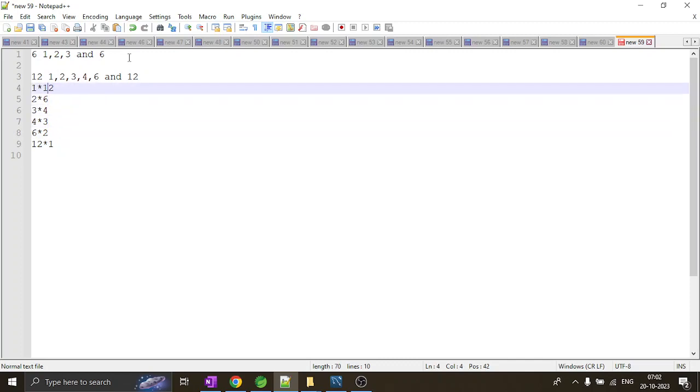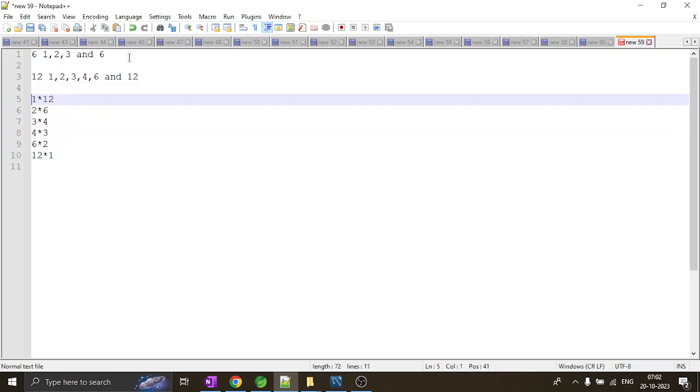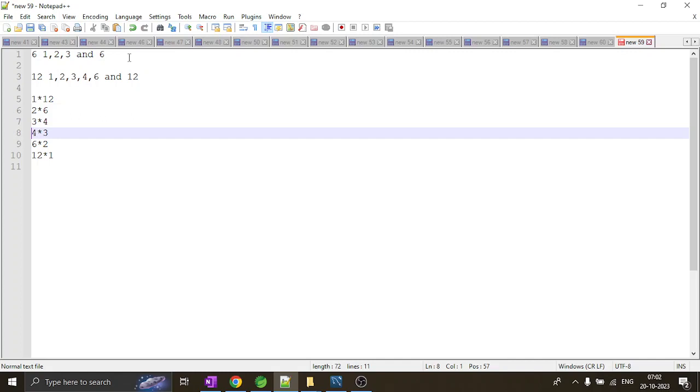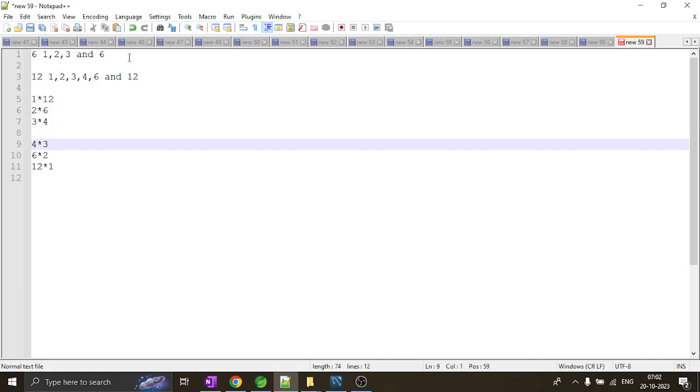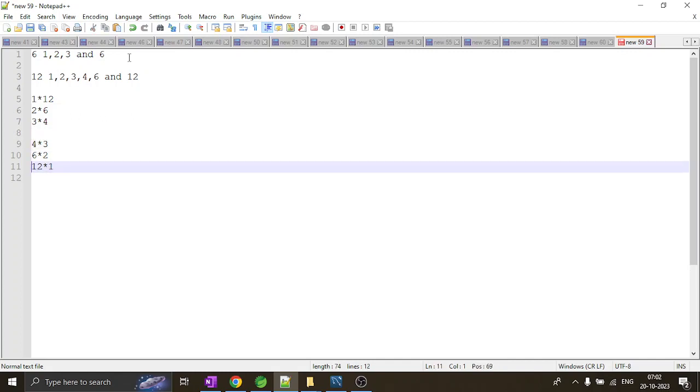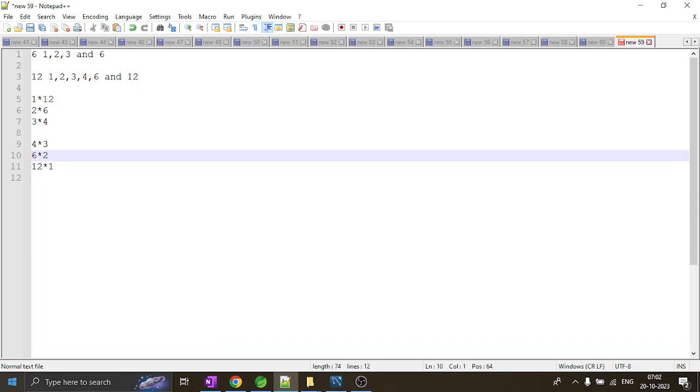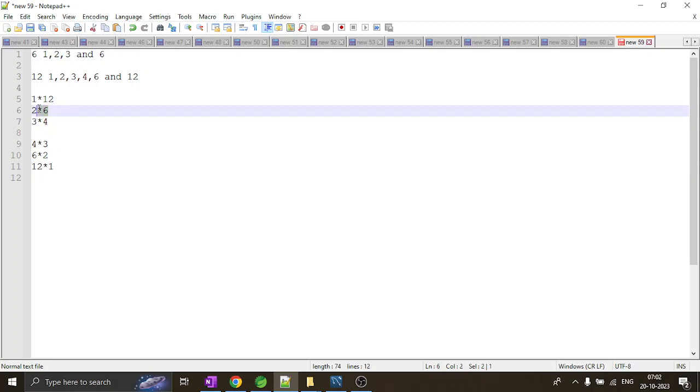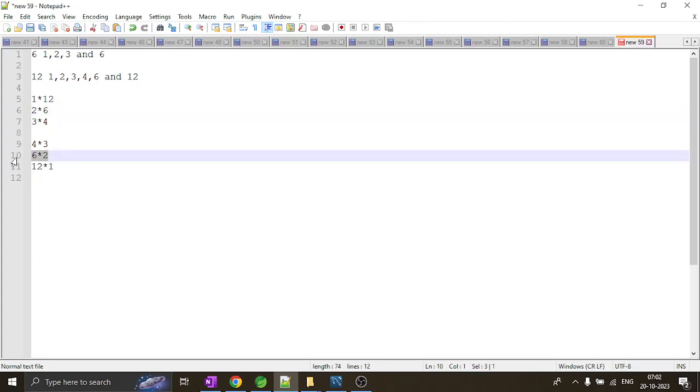So if we observe carefully here, let's divide this into 2. After these, the numbers are repeating, right? So 1 times 12 is the same as 12 times 1. 2 times 6 is the same as 6 times 2, right?